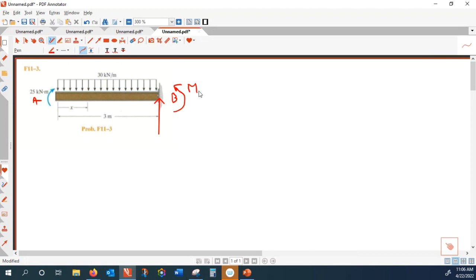Let's just put this as MB counterclockwise. And to solve this, I need to temporarily replace the distributed load with the resultant force. And the resultant force here is 90 kilonewton, the line of action would be at the center.